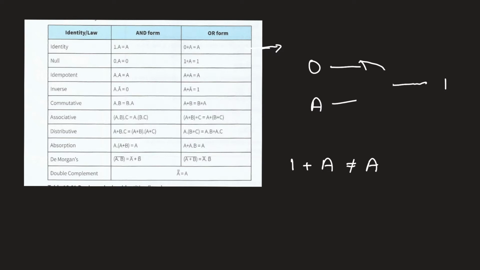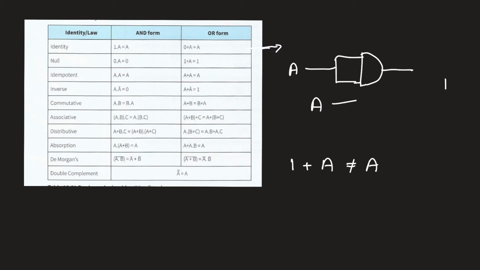The idempotent law. I'm so sorry, I cannot pronounce this correctly. It means that if we have identical inputs, a and a, let's draw this like this, going through an AND gate, this is for the idempotent law, we have a.